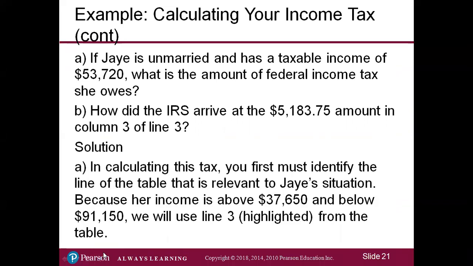Solution. In calculating this tax, you must first identify the line of the table that is relevant to Jay's situation. Because her income is above $37,650 and below $91,150, we will use line 3 highlighted from the table.